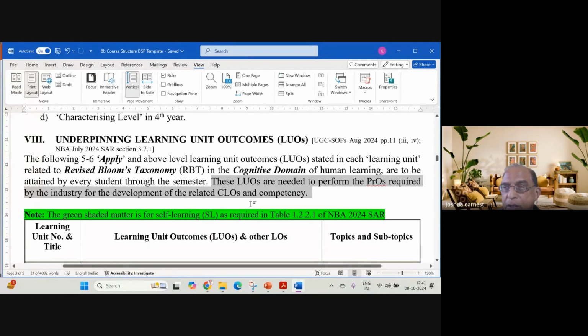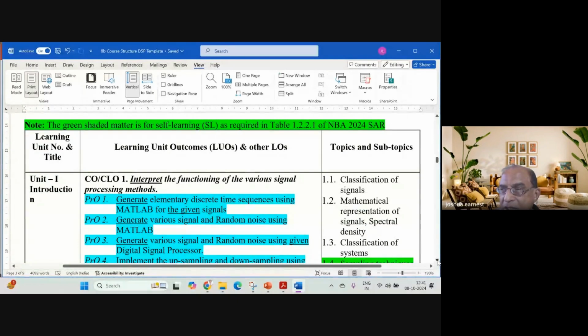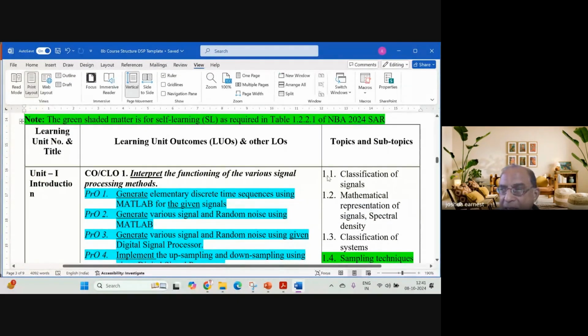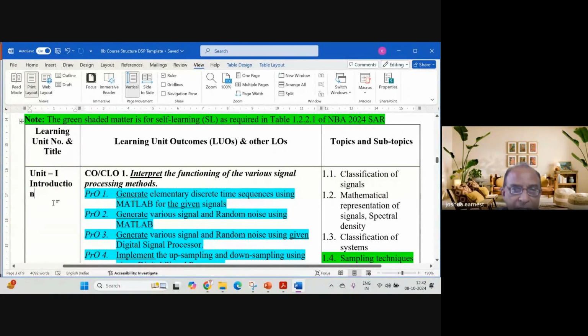Got it? So now let me go here. Whatever was in your syllabus is coming here. You will write down in this third column, and in this column you have the unit title. The CO is interpret the functioning of the given signal, which we have already seen.